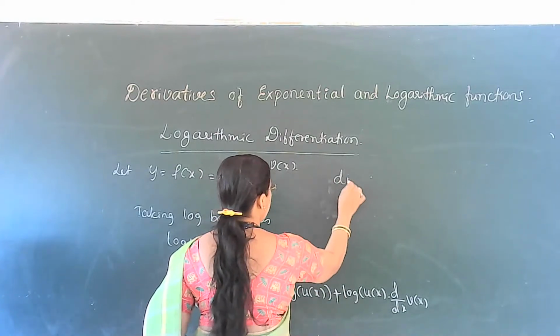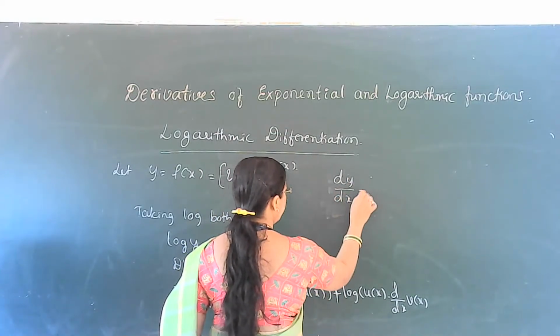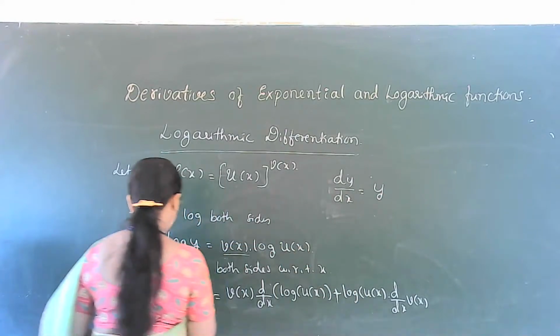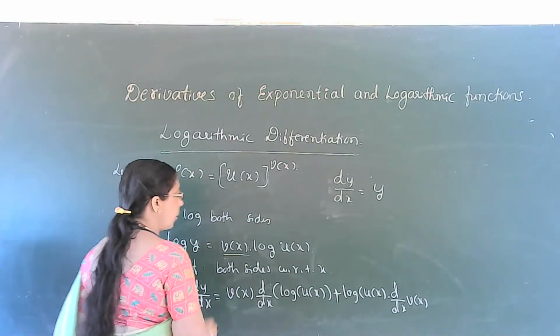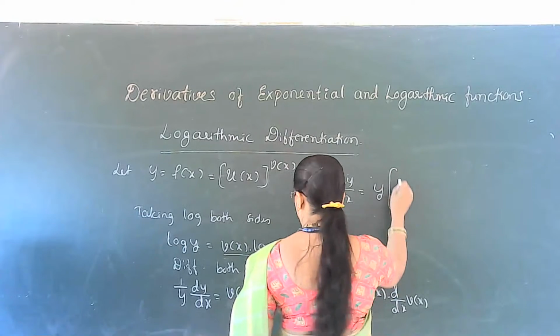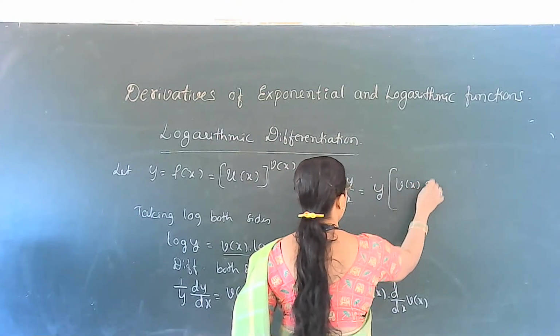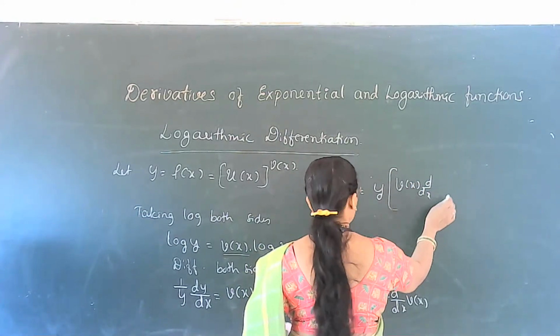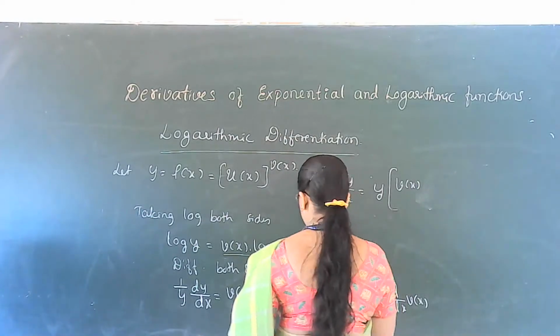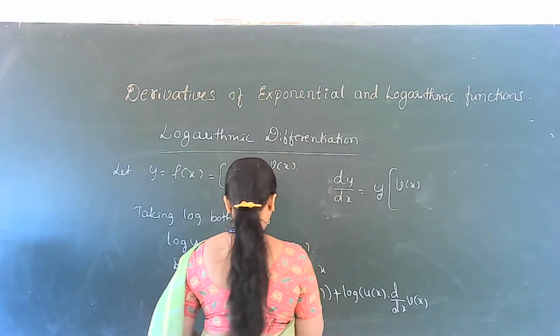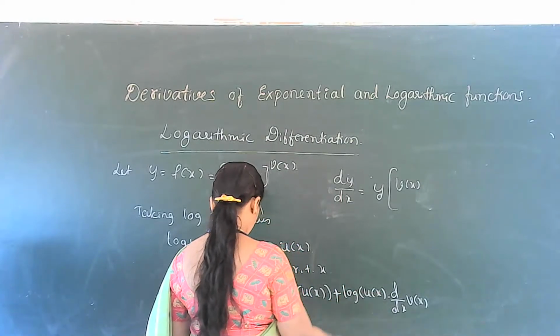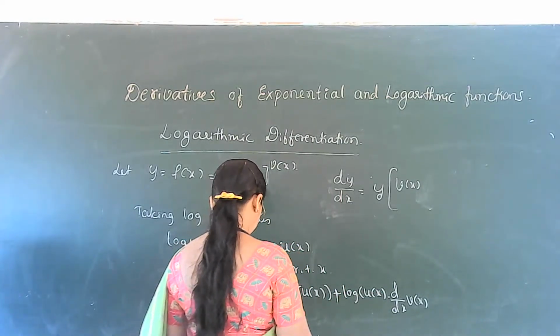Then dy by dx is equal to y taken to this side, multiplied: y into v of x into d by dx of u of x, which is u dash x.